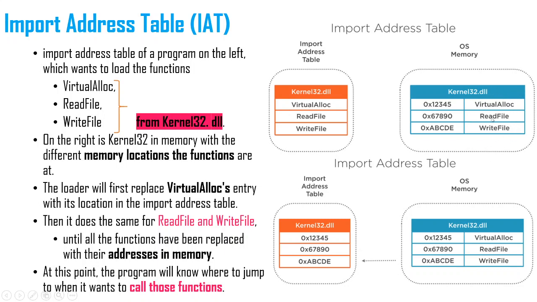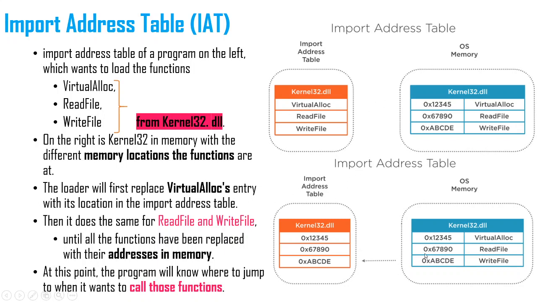It has already loaded its functions: VirtualAlloc is loaded in this particular memory location, this is ReadFile, a function already loaded, and this is WriteFile. So everything is already loaded in memory in the operating system with the help of kernel32.dll. The loader will first replace the VirtualAlloc entry with its location in the import address table.